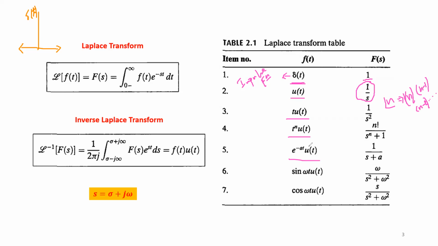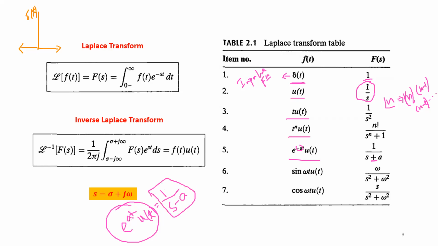And when it is e to the power minus at, it is minus a, so here it is plus a. And when it is plus a, then here it is minus a. When it is e to the power a t u(t), your answer would be 1 over s minus a. When you apply the Laplace transform to this function, you will get this result.